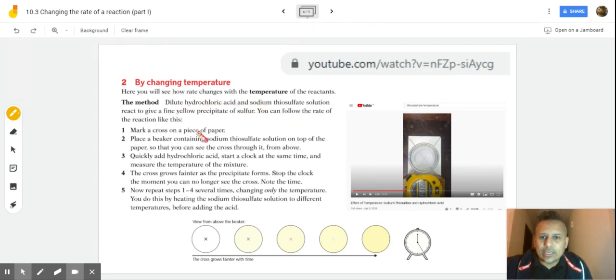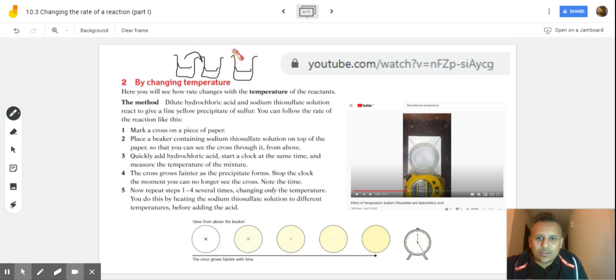Now, the two solutions, I should say, hydrochloric acid and sodium thiosulfate, those are actually colorless solutions. So when you look at them, there's no color at all. But what actually happens is when you add both of the solutions together, so you have two colorless solutions, when you add both of them together, here we go.